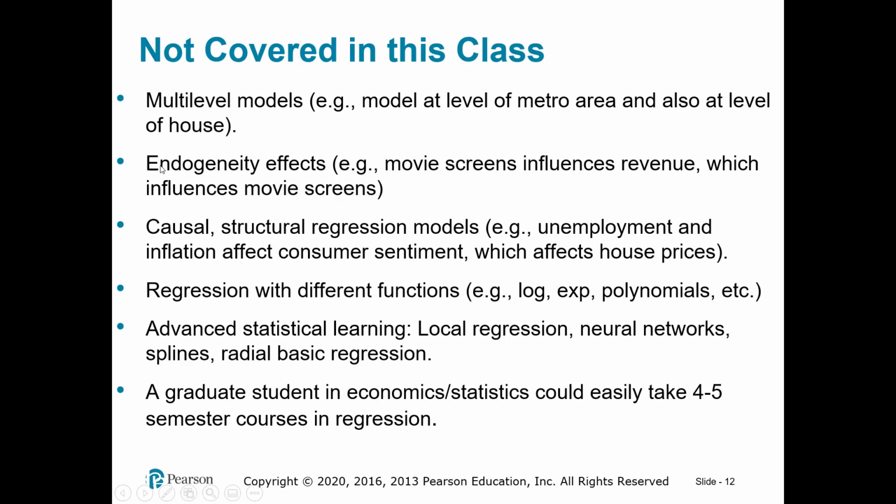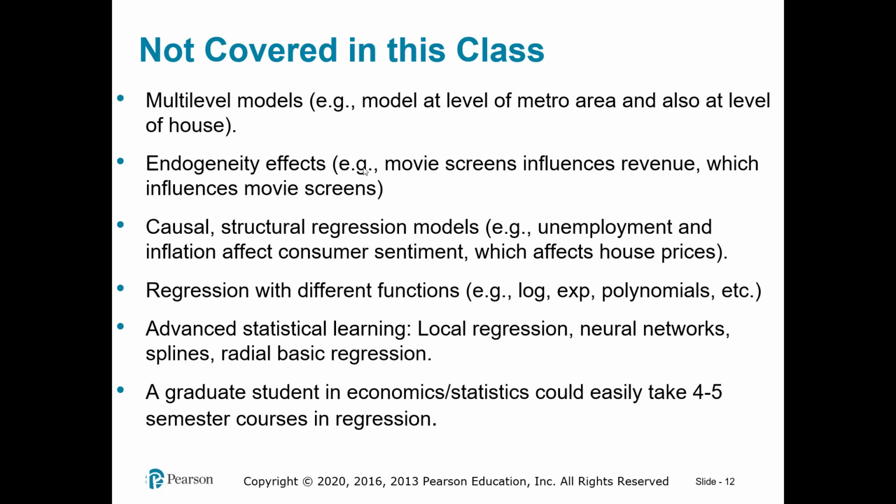We might also have what we call endogeneity effects. And economists absolutely love these terms. They will talk about endogeneity, exogeneity all day long, just to confuse you. My example for this is exactly what we had in the movie regression. The movie screens influence revenue, and then revenue influences movie screens. There are lots of kinds of regressions.